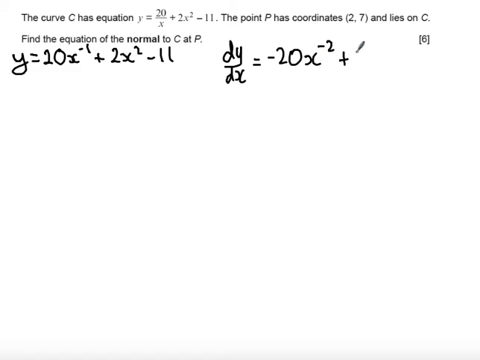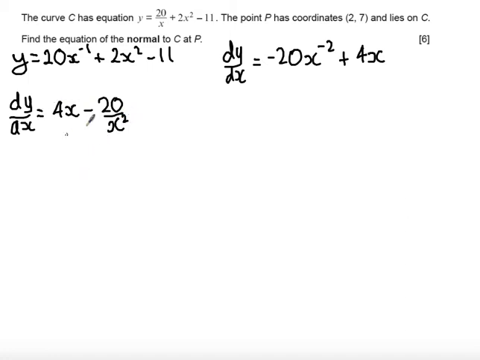Plus 2 times 2, so it's the power times the coefficient, which is 4, x, and decrease the power from 2 to 1, so I get 4x. I can rewrite this as it'd be a little bit more useful for calculating with: dy by dx is equal to 4x minus 20 over x squared.